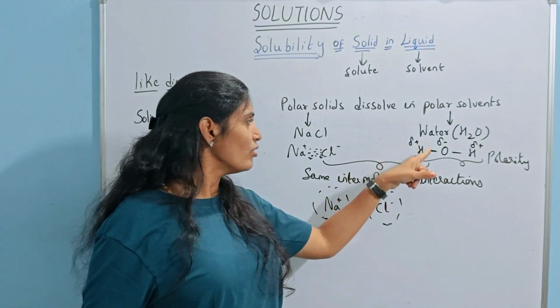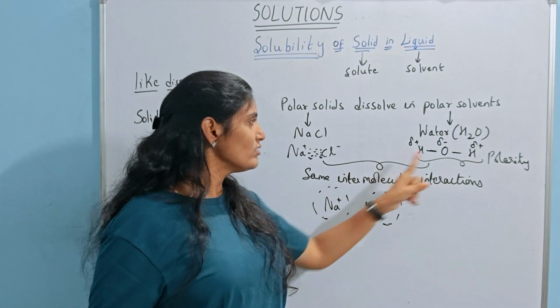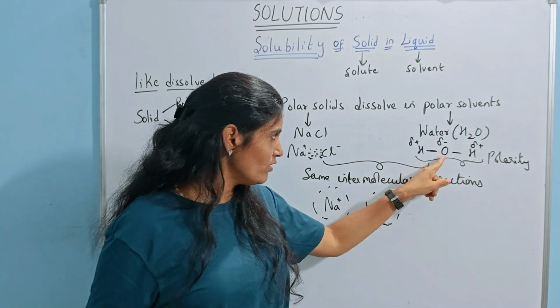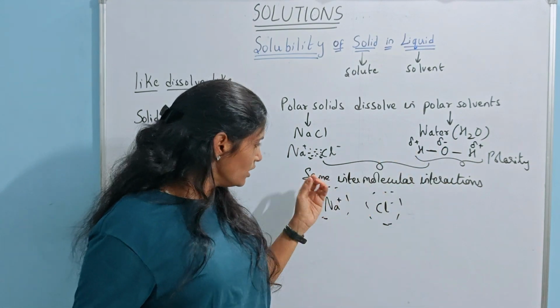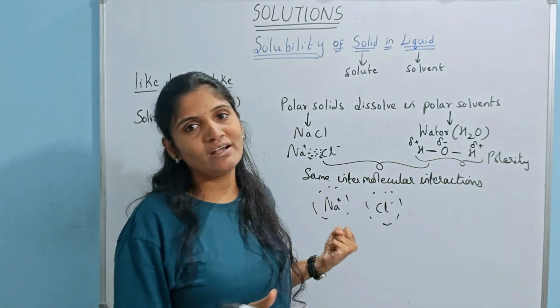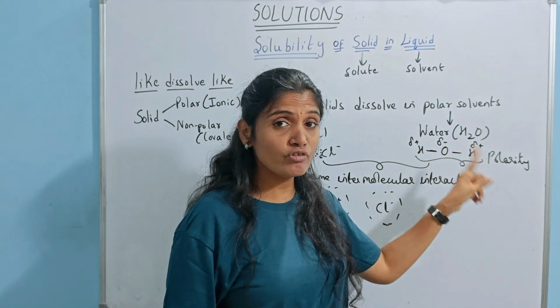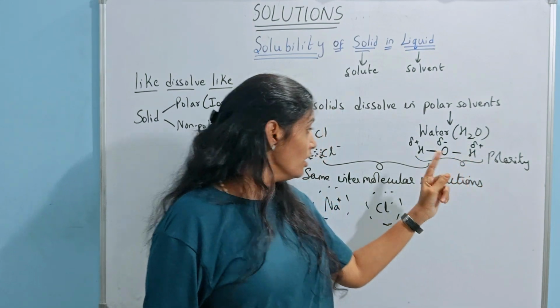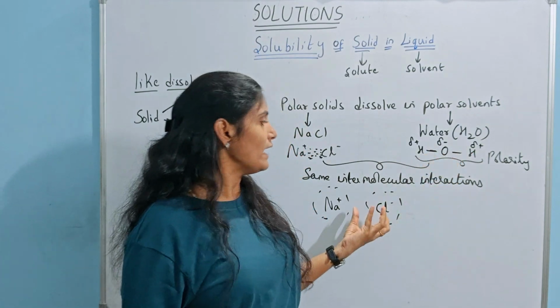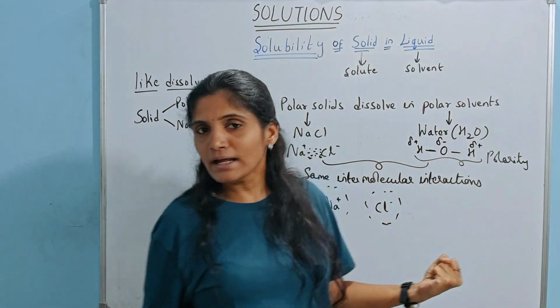Now how is H2O trapping Na+? Because here positive is there, and on oxygen negative is there. So many H2O molecules will attack Na+ through oxygen and trap it. Through the partially positively charged hydrogen, the water molecule will attack Cl-, which is negatively charged, trap it and take it apart.